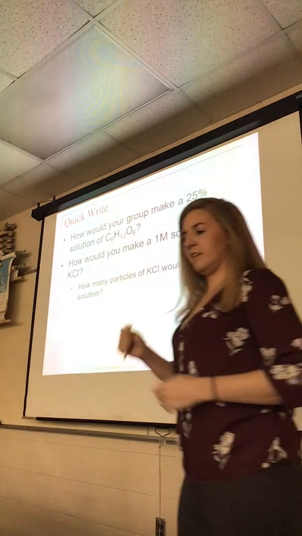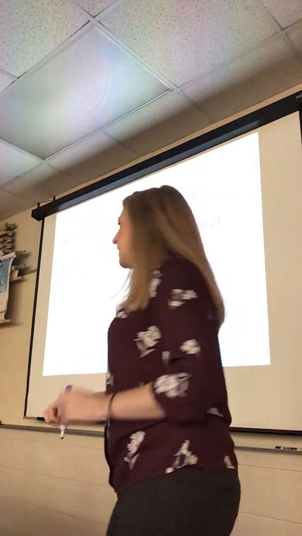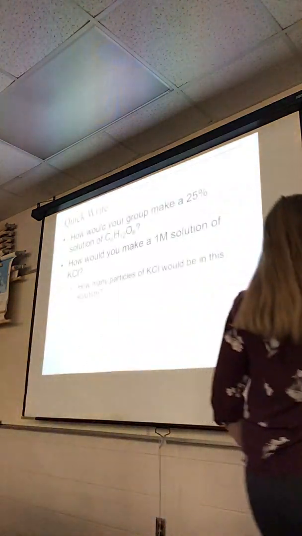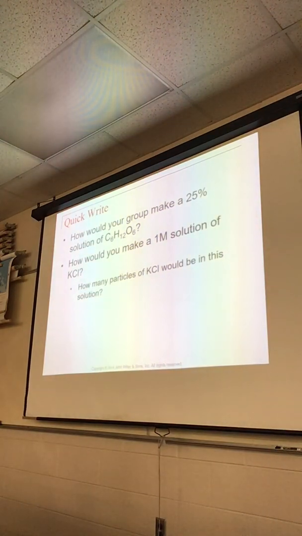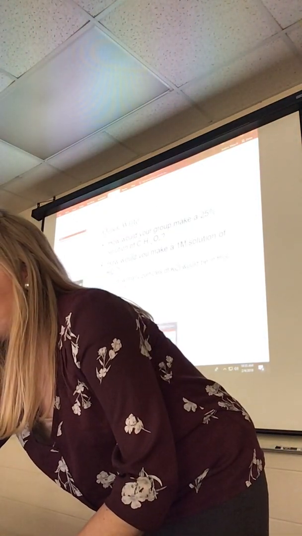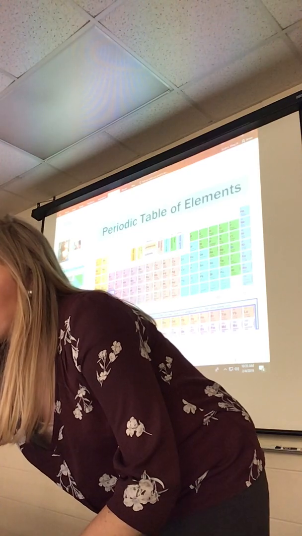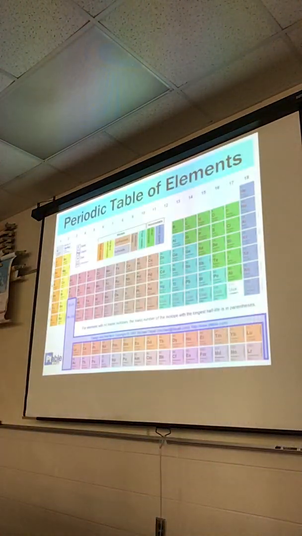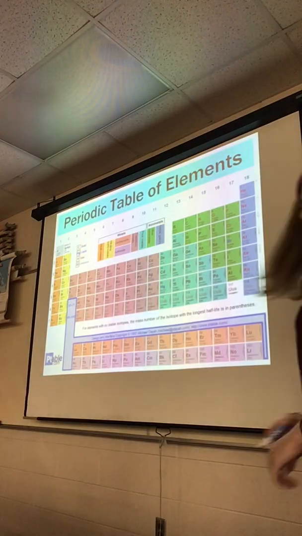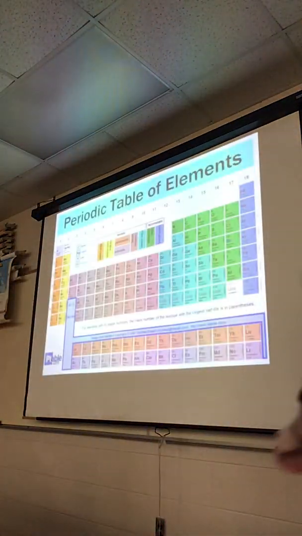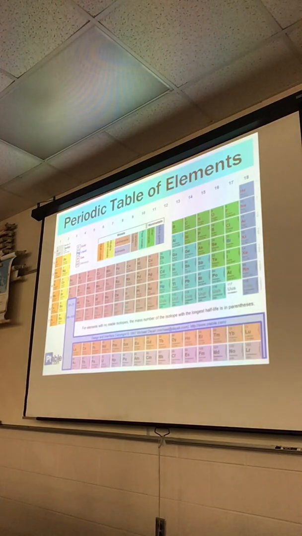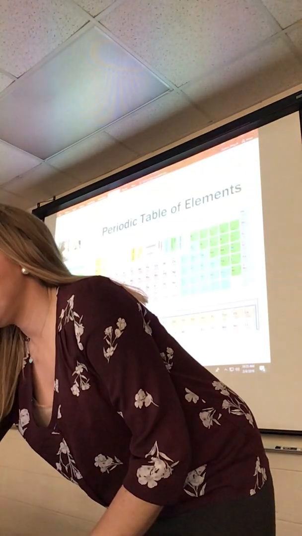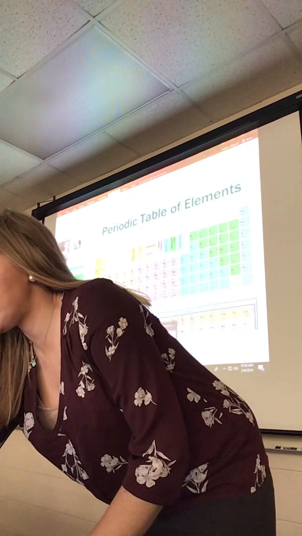If you don't have your periodic table, potassium's atomic mass is 39.1 and chlorine's is 35.5. All right, so I'll put it back up. See if you can do this real quick with somebody next to you.